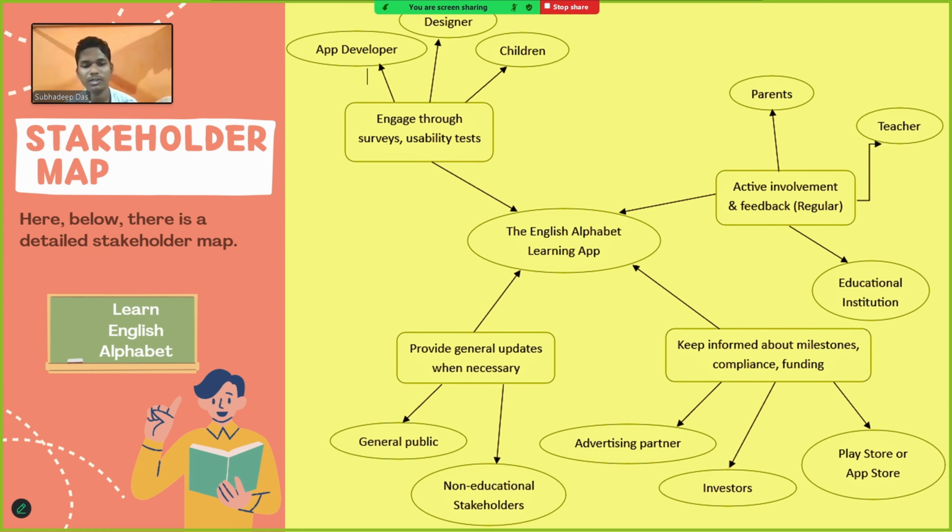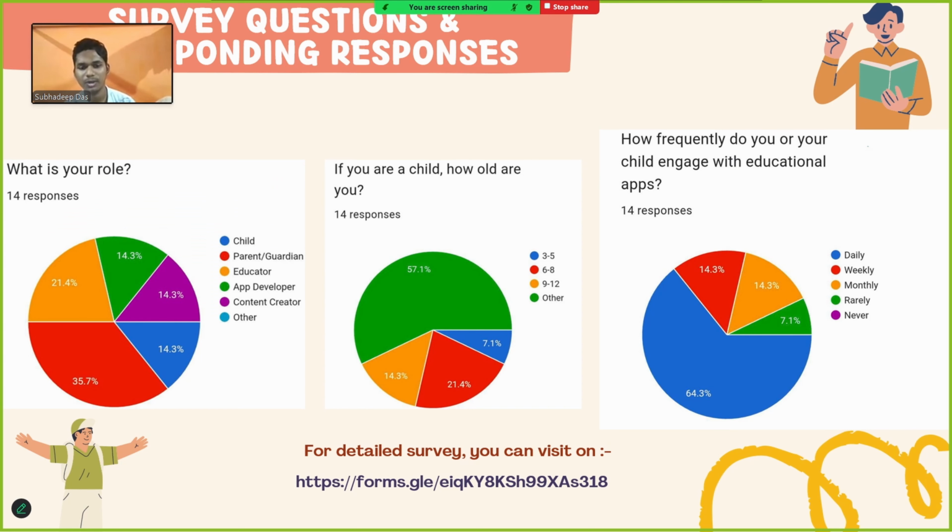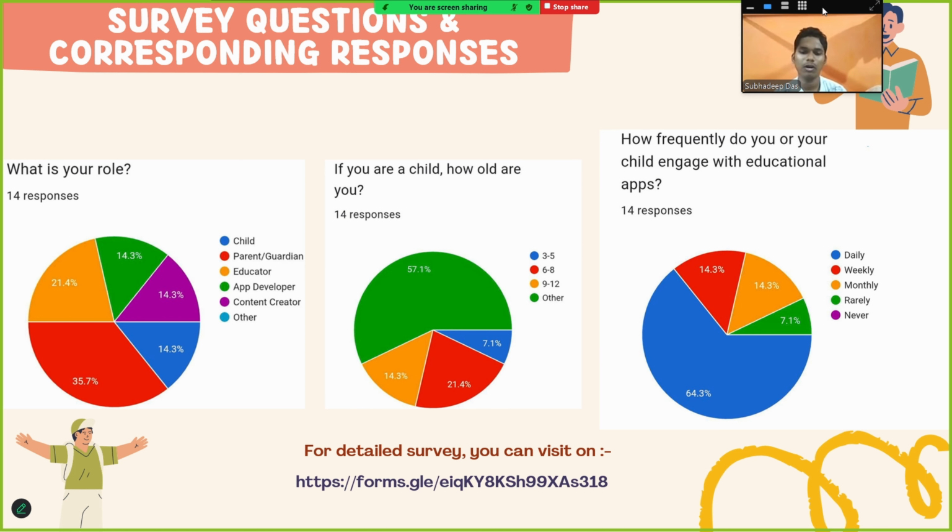Next, we move towards the survey questions and their corresponding responses. To better understand our audience, we conducted a survey. We received valuable insights on preferred learning styles, parental expectations, attention span challenges, and feedback on existing apps.